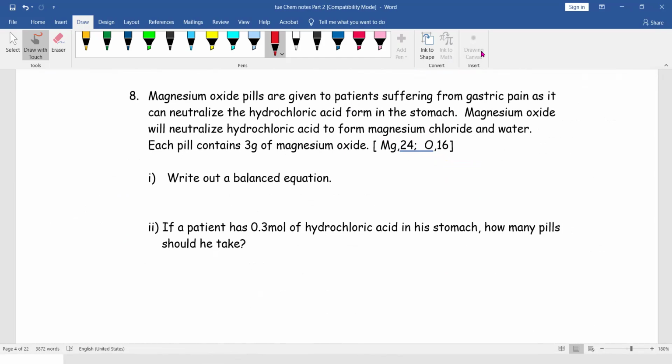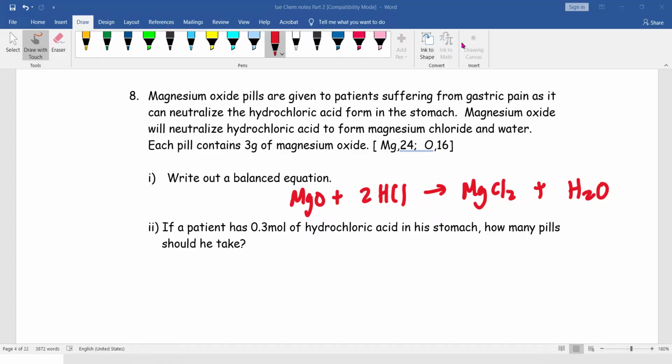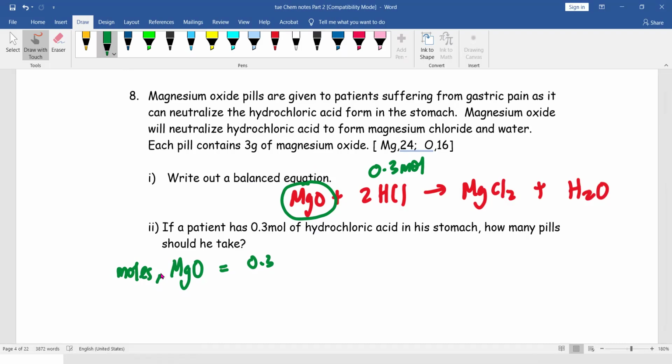First, I want you to try and write a balanced equation. So this one is 0.3 mole. Let's find out how much mass of this first. If this one is 0.3, magnesium oxide is how many moles? Same or half? 2 to 1.